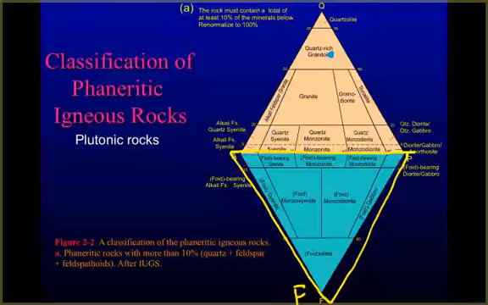So we don't end up plotting down in that part of the IUGS diagram, at least with the rocks in our lab, very often, if ever. You'll see the feldspathoids show up on your mineral formula list. So we will look at some and consider some, but rarely will we use that end of the diagram.